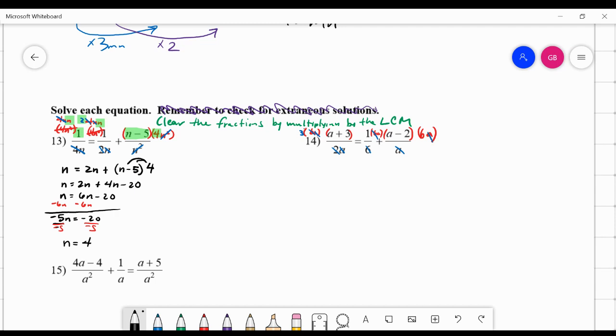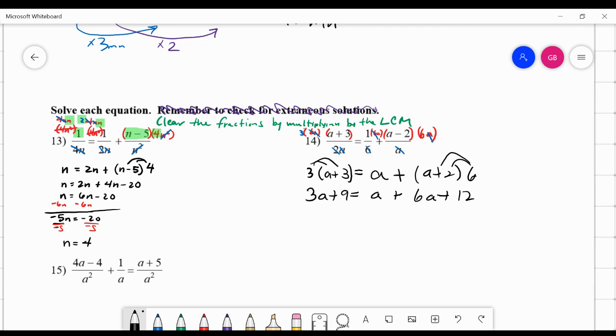So let's rewrite what we have now. So we just now have 3 times a plus 3 is equal to 1 times a. You still have an a there. Plus a plus 2 times 6. So we're going to distribute here and here and rewrite it. So 3a plus 9 is equal to a plus 6a plus 12.